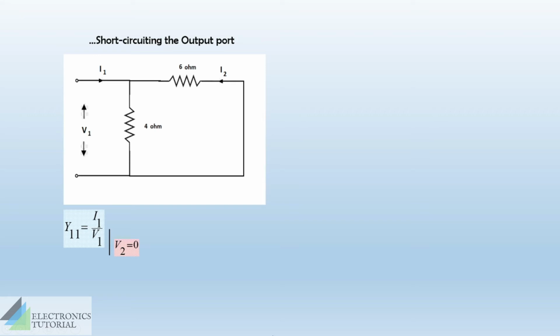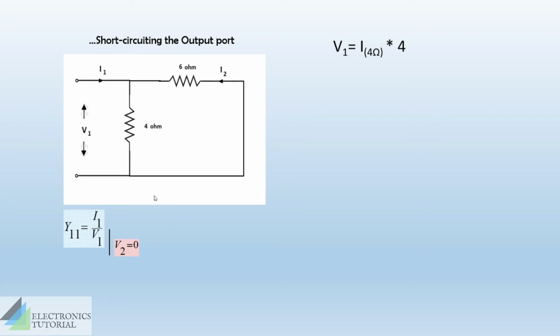Let's try to obtain a relation for V1. V1 is seen here in this position, and we can say that V1 is a voltage that is experienced across this 4 ohm resistor. The potential drop can be expressed as I into R. That means V1 is equal to the current through 4 ohm into 4 ohm.